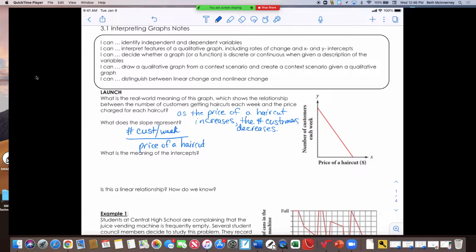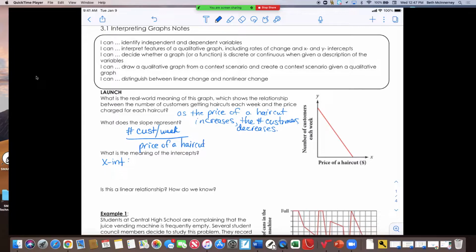All right, what is the meaning of the intercepts? So you have an x-intercept. So what does it mean here? An x-intercept is what's this value here? In context to the problem, what would this number here on the x-axis represent?